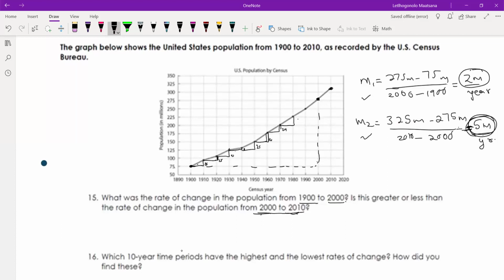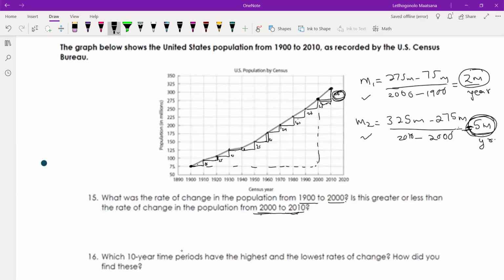Over here, 25. Over there, another 25, another 25. And over here, 25 and maybe 15 more, so 40. Right. So in this period, we increased by 40 million.